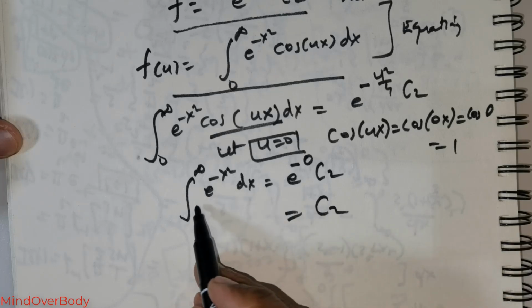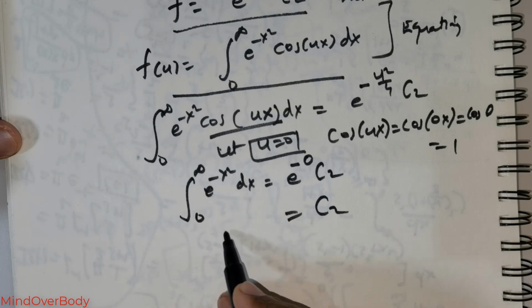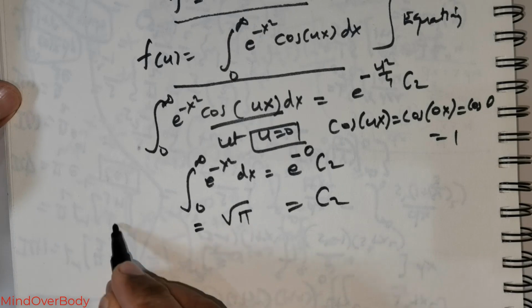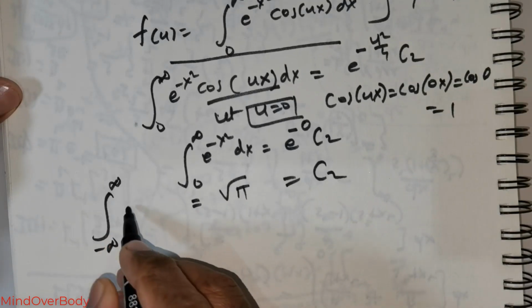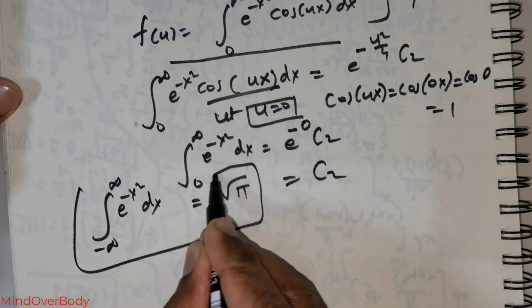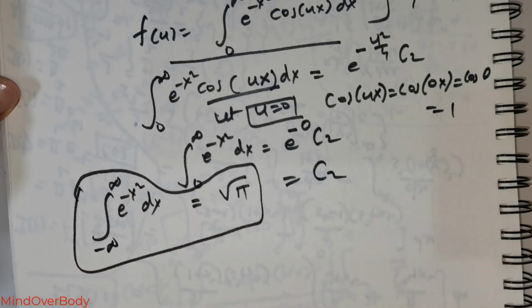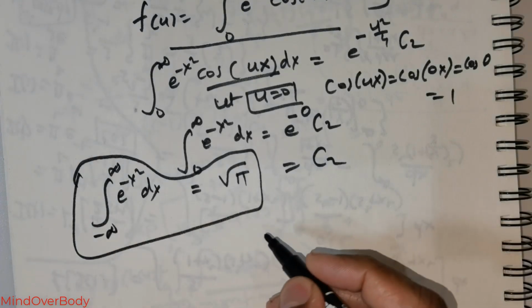Now what is this? This is nothing but the famous Euler-Poisson integral. Let me state that integral: the integral from negative infinity to infinity of e raised to the power of negative x squared times dx is the famous Euler-Poisson integral. I will also prove this integral in the oncoming class.